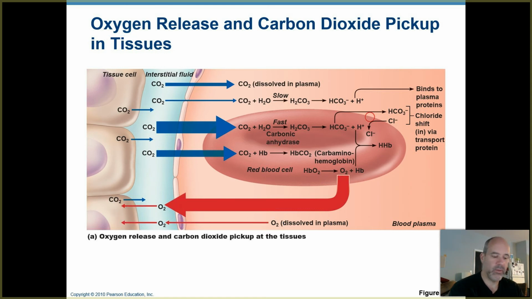With CO2, you have these different mechanisms for transporting CO2 out of your tissues and into the blood. Like they're showing you here, some of it diffuses out of the tissues and into the blood and dissolves in the plasma. Some of it just on its own reacts with water, becomes carbonic acid, and then breaks apart into a bicarbonate ion and hydrogen ions.